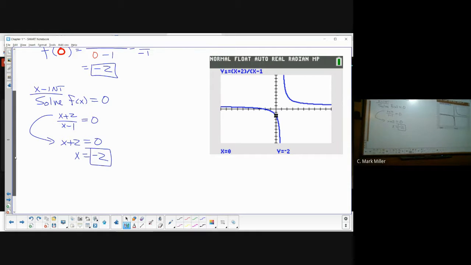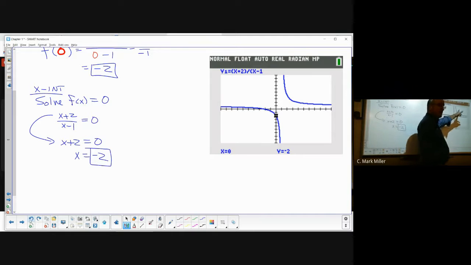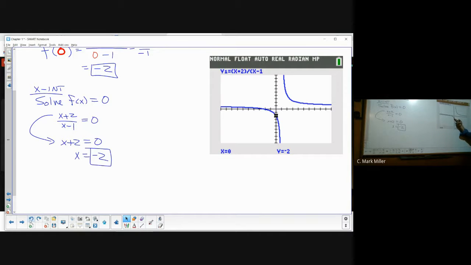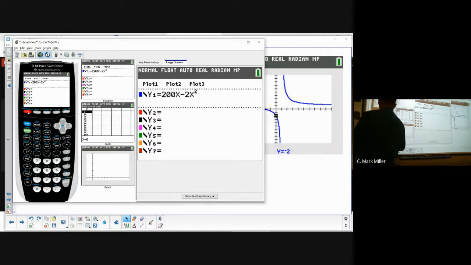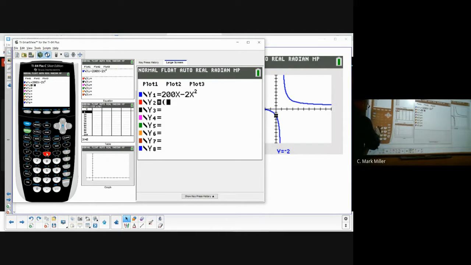Okay? Now, if you put this on your calculator, notice you put that parenthesis in like I didn't do on that other problem. Put that parenthesis in there. You get the graph. Notice, here, this is the y-intercept, and we can get the x-intercept too. Let's do one thing. x plus 2 over x minus 1.